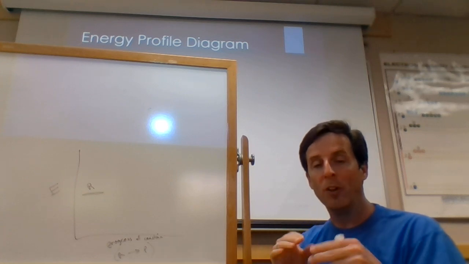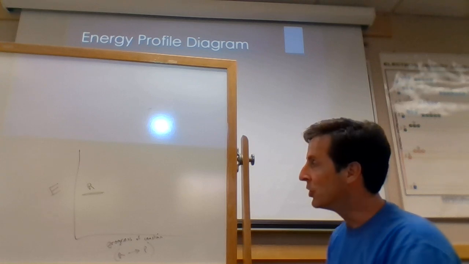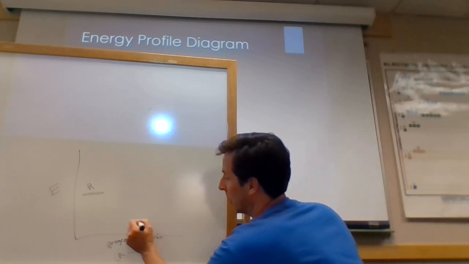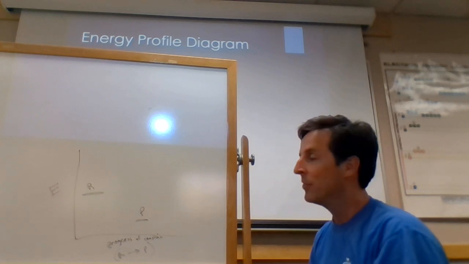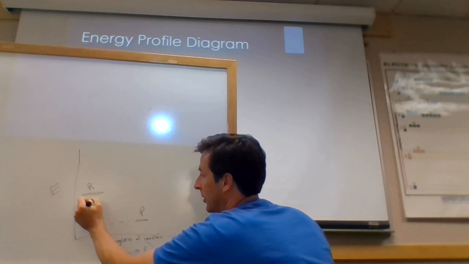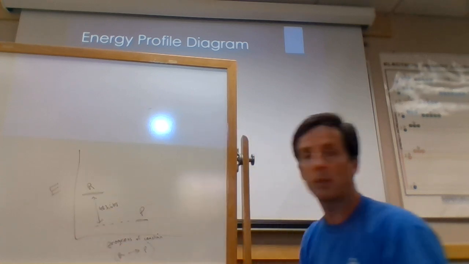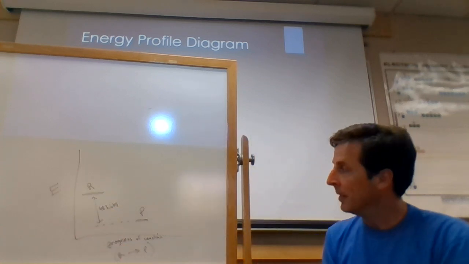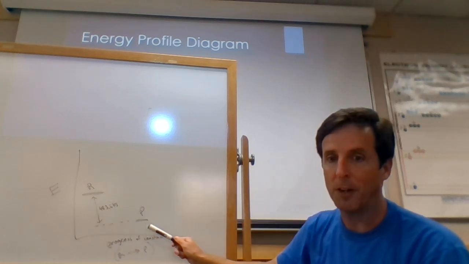So I end up with product molecules that have less energy in them than the reactants did. So my product energy is going to be lower than my reactants. Specifically, the difference on the y-axis is going to be 483.6 kilojoules. Okay, so that's the amount that the energy levels differ from each other.